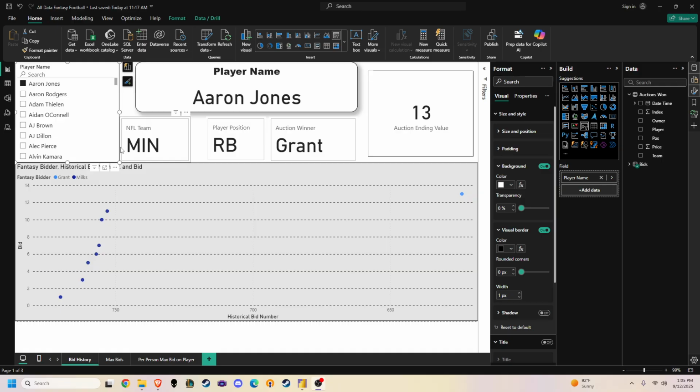In 2024, I did a Dynasty Fantasy Football League with 11 of my friends from college, and how we determined who got each player was by an auction system where every player is available and then they go up for bid.